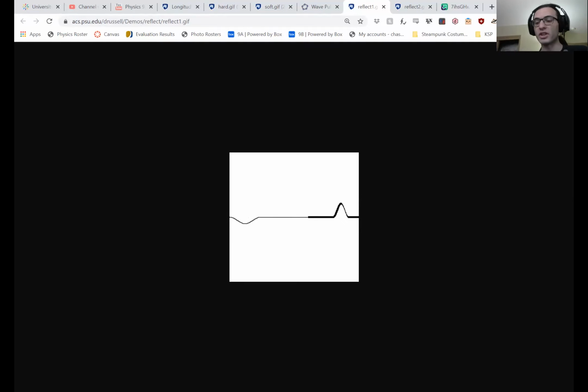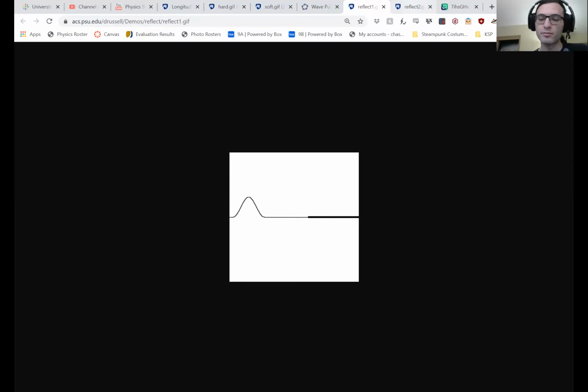Look at the wave speed in the thinner rope as opposed to the thicker rope. The wave speed in the thinner rope is definitely higher. And so what do we see? On the reflected wave, certainly some of it gets through, but we're not worried about that yet. On the reflected side, the waveform is inverted, and that's because it's going from a high speed to a slow speed.